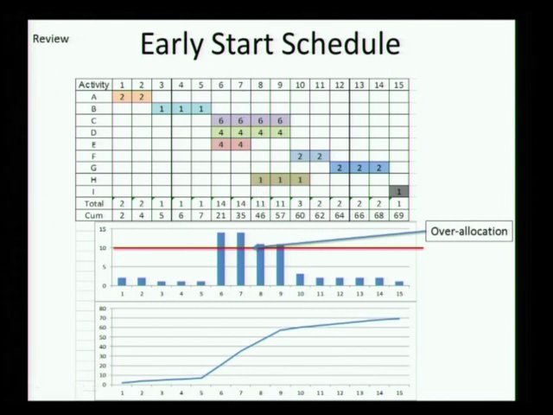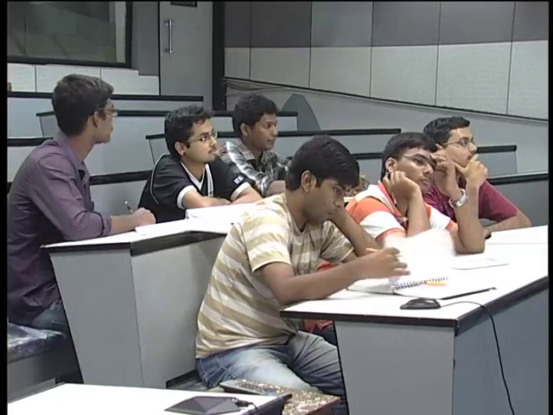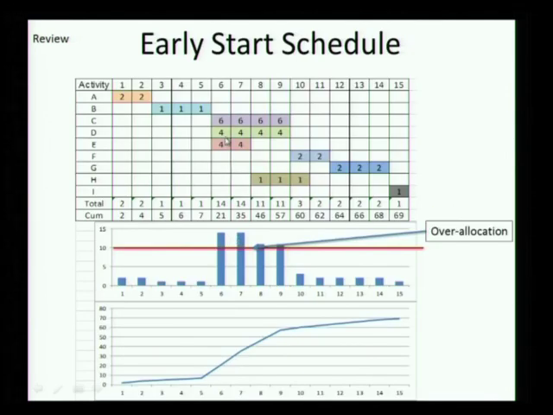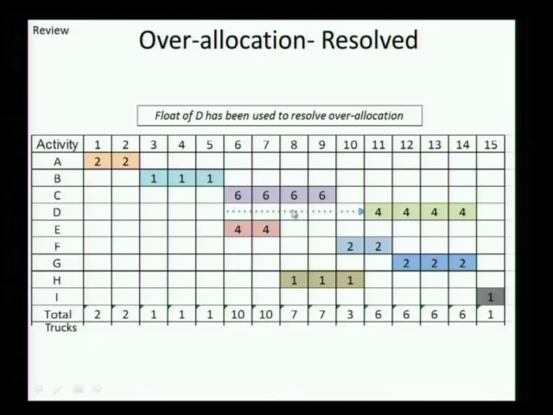So what was the solution? Yes, we had to utilize floats, and if we go back we can see that A, B, C, F, G and I are critical. So we could only move, we chose last time to move D, okay, so we actually moved D all the way to the end, and that actually resolved this.